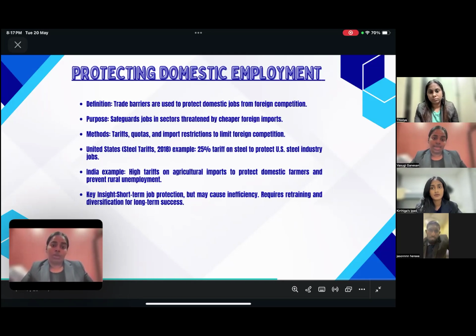For long-term success, it's crucial that countries not rely only on trade barriers; innovation and retraining workers are necessary. Governments need to make industry competitive by making technology advancement easier and training workers to move to new industries. That's all from me. I'll pass to the next presenter.